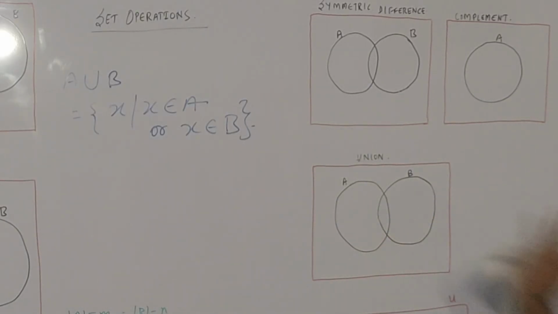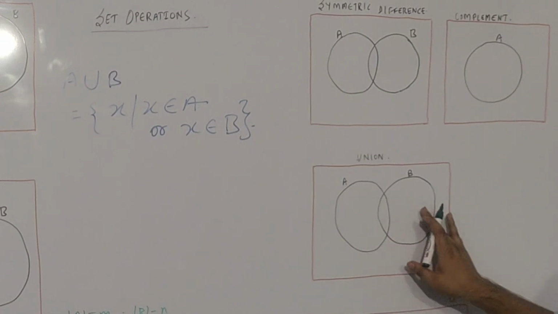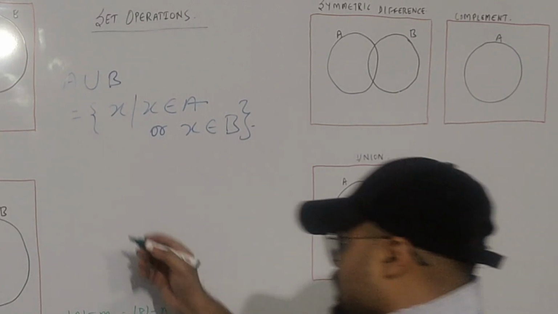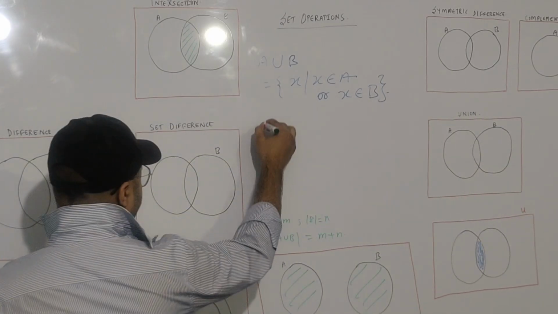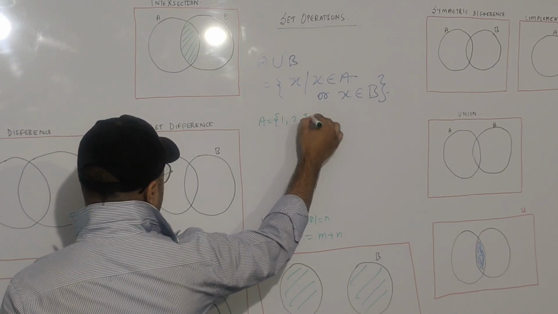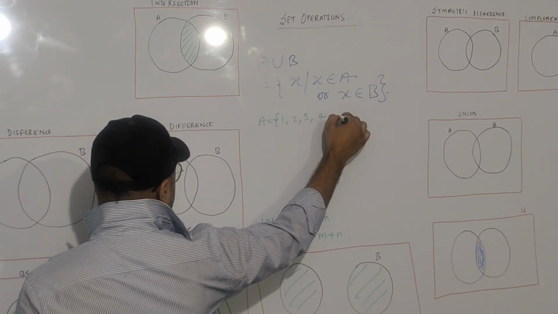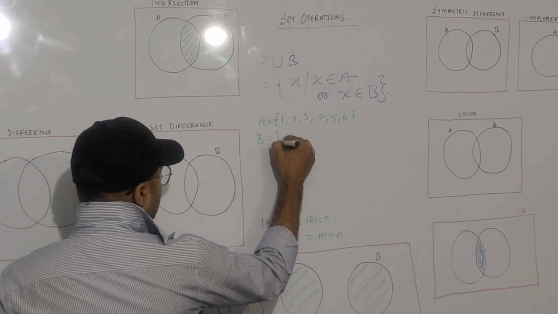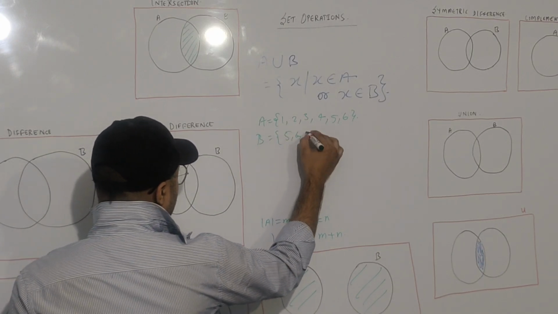In case the sets are not disjoint, which is the arbitrary sets we are taking, what will happen? Let me take one example and show you. Let's say A is 1, 2, 3, 4, 5, 6, and B is 5, 6, 7, 8.